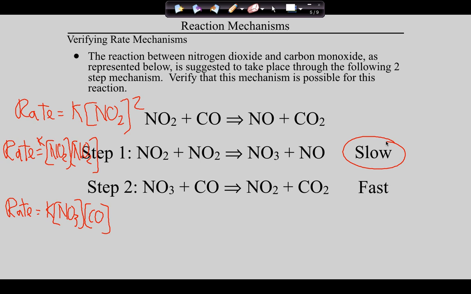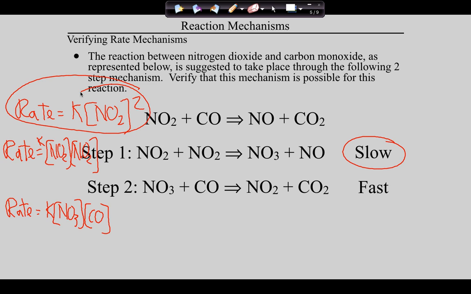So did we pass test number 2? We did. Because what is NO2 times NO2? NO2 squared, which is the same as this. So the rate law for the rate determining step is the same as the rate law for the overall reaction. We just passed both tests, and this mechanism is valid.